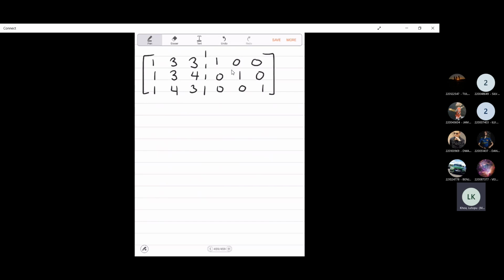So I start here with saying I want to make a 0 here and there. So this one can just say row 2 minus row 1, and same thing, row 3 minus row 1.